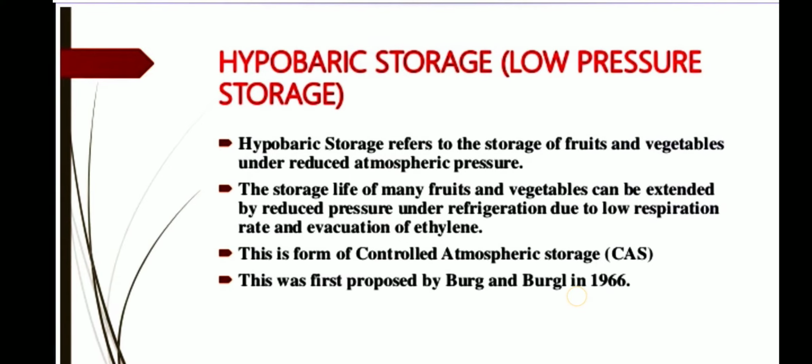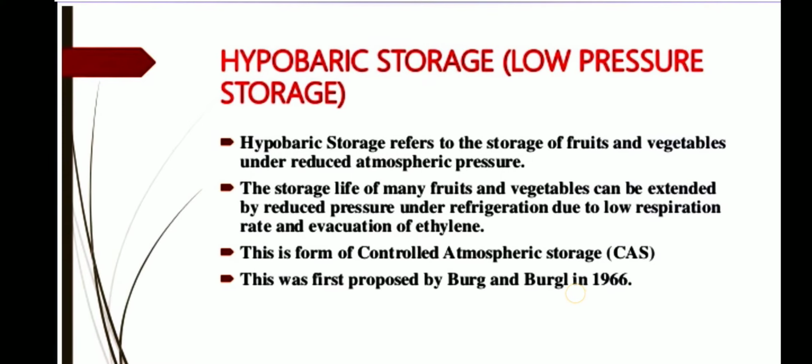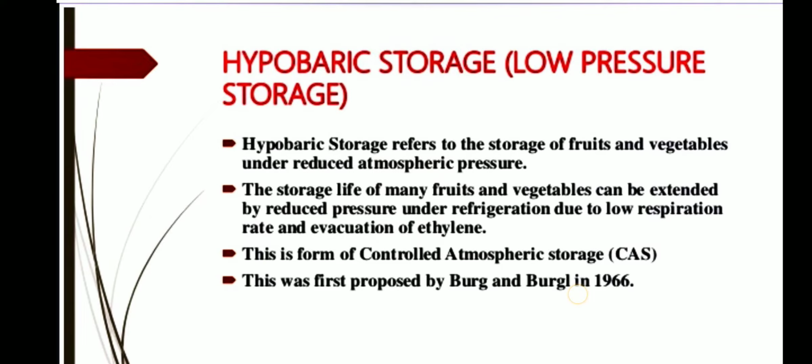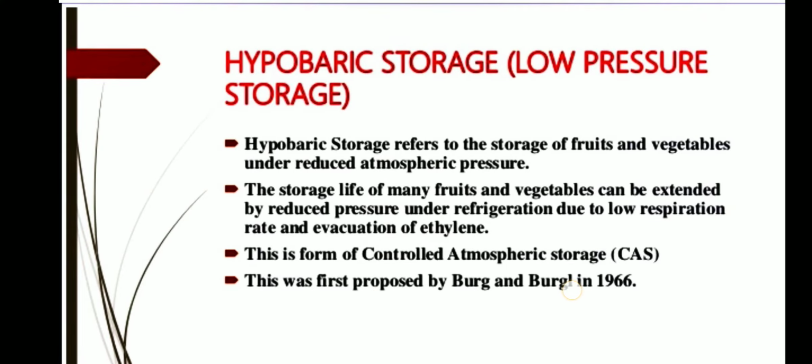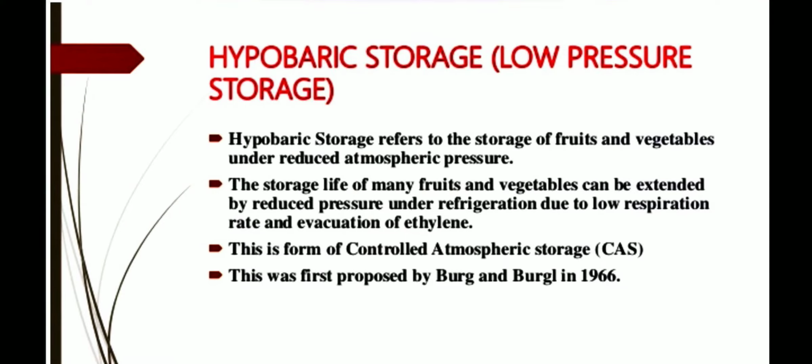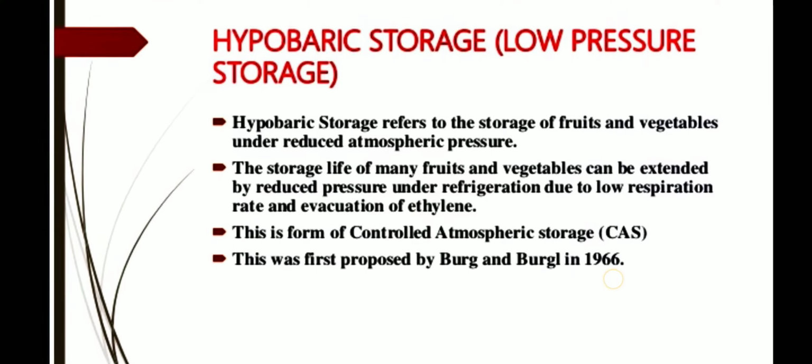The storage life of many fruits and vegetables can be extended by reduced pressure under refrigeration. So refrigeration is important. Refrigeration should be there for extension of shelf life, and for extension in refrigerated shelf life, reduced pressure can work for certain fruits and vegetables due to low respiration rate and evacuation of ethylene.